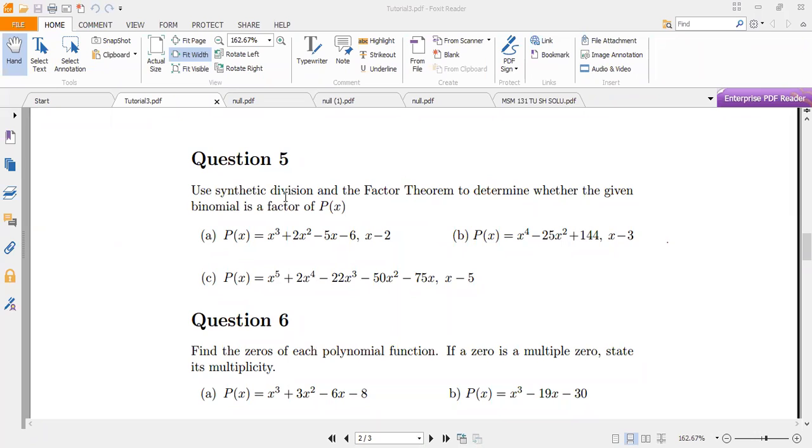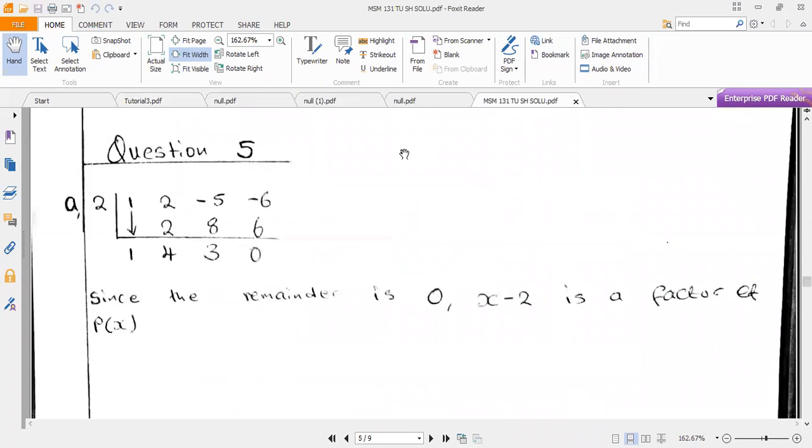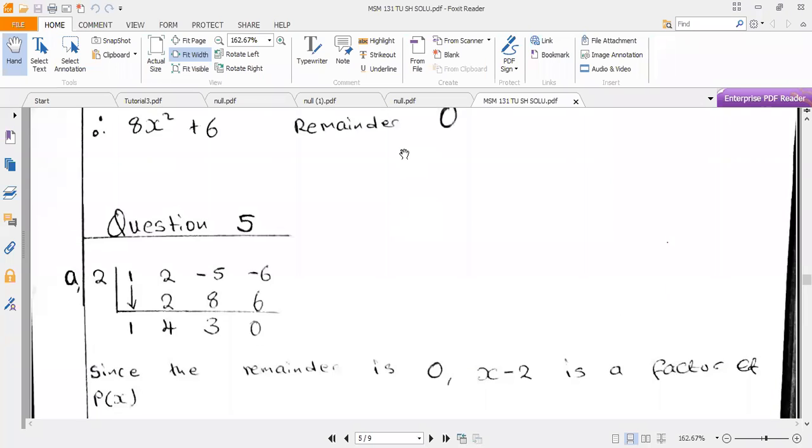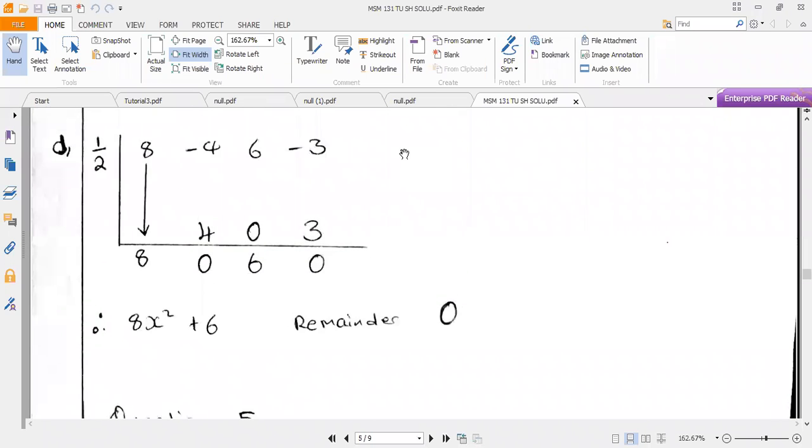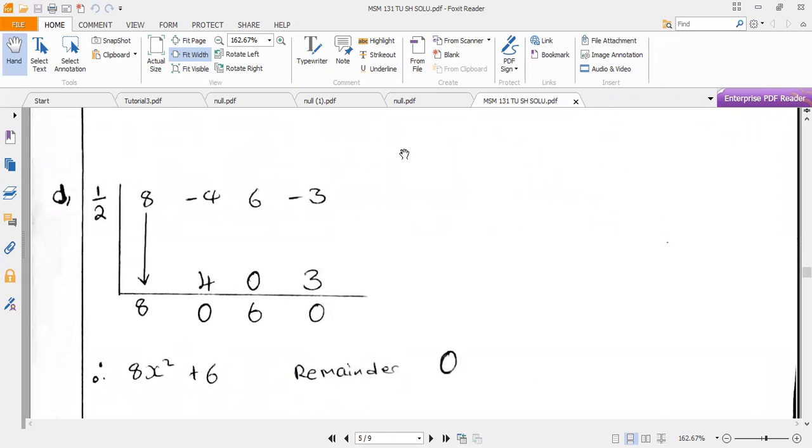Yes, I was kindly asking if you can just go back to the solutions. I wanted to take a look at question 4D. You were kindly asking, so you're not still asking. Yes, what's your question on D? I'm still asking for question 4D.